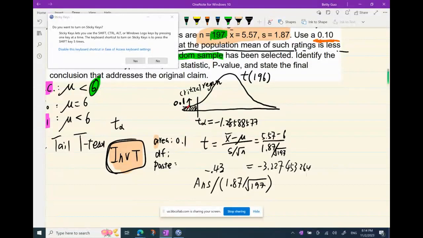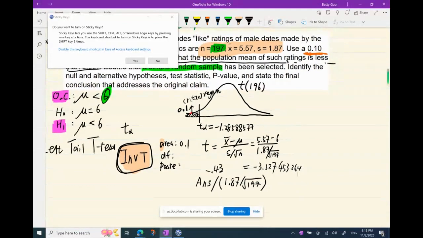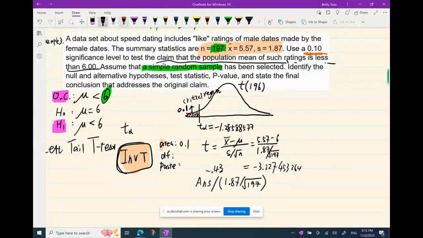Okay, let's see, where does this test statistic fall? It's negative 3.2 something. So it turns out it falls here. It falls in the critical region, because negative 3.2 something is less than negative 1.285, the critical value. The test statistic is to the left of the critical value.